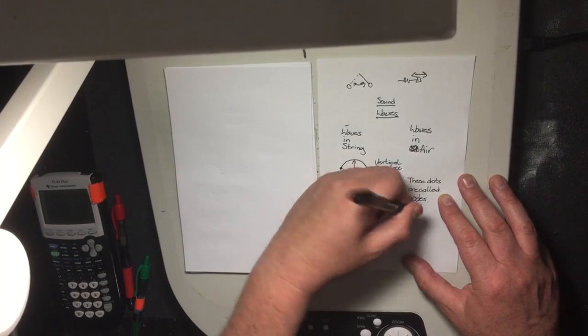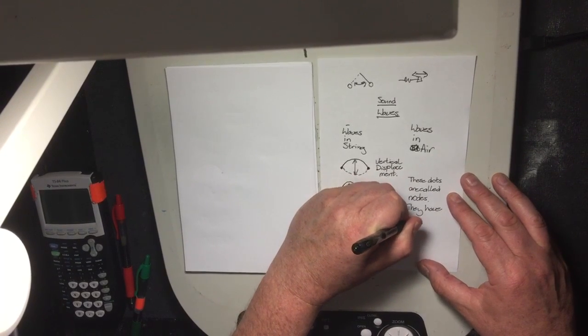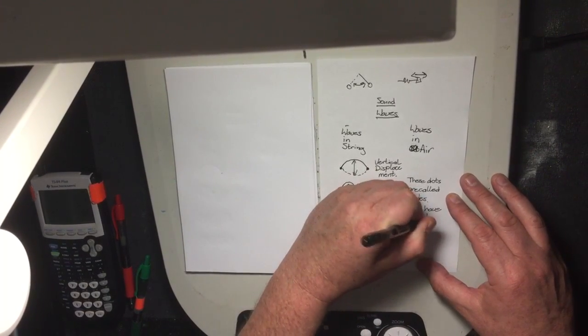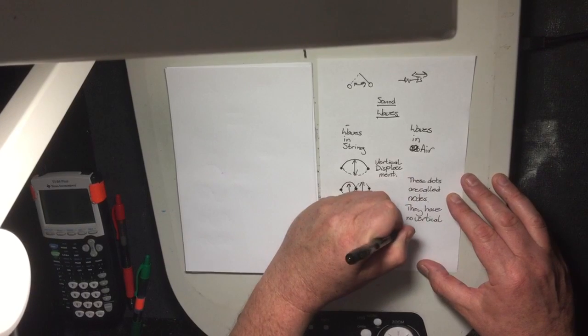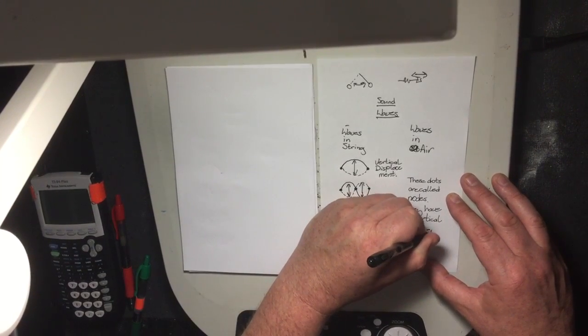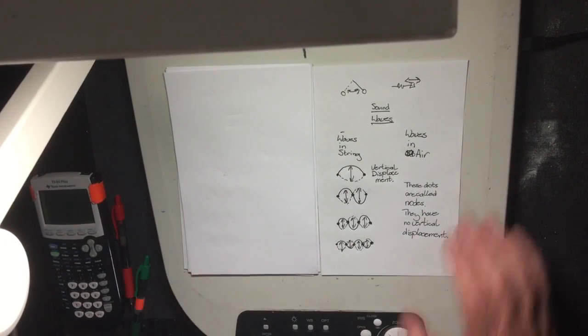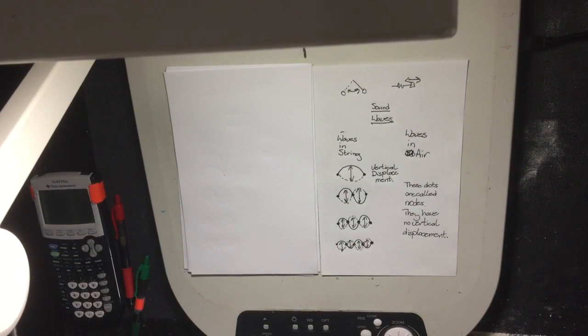They have no vertical displacement. So any region that doesn't move vertically is called a node.